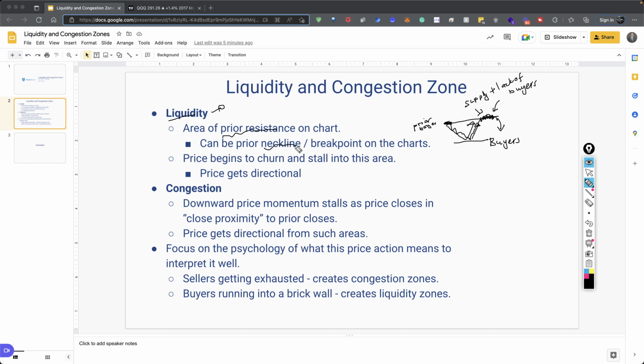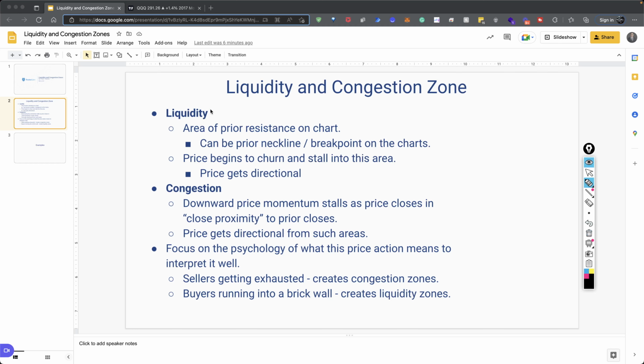It can be a prior neckline or break point, as I described. There are many different functions in the market that cause liquidity zones to be created, and price begins to churn and stall in this area, and we get directional price movement either up from the liquidity area or down from it.